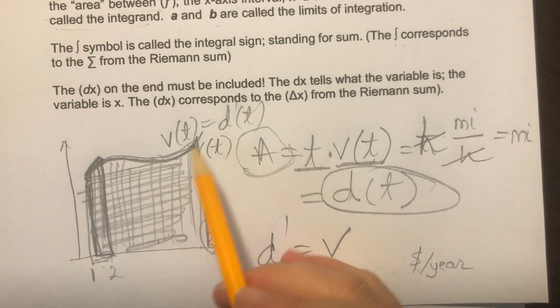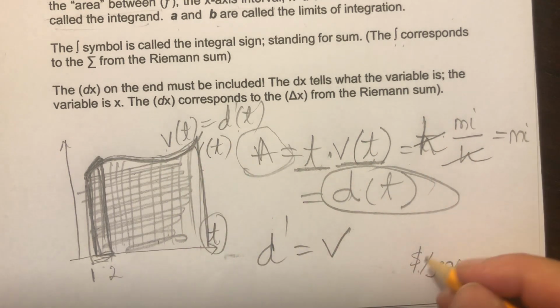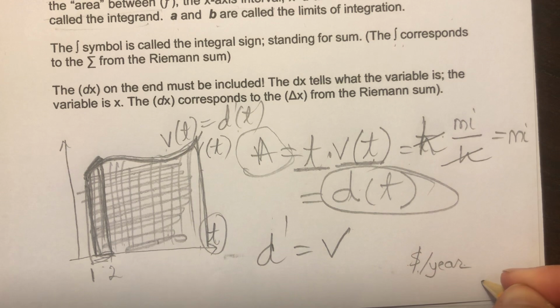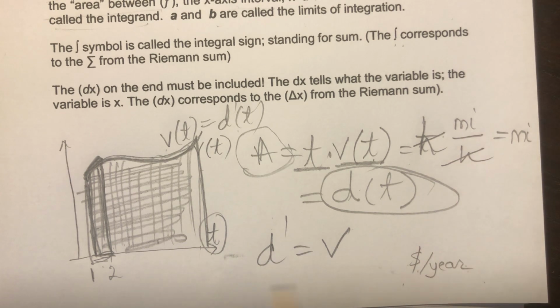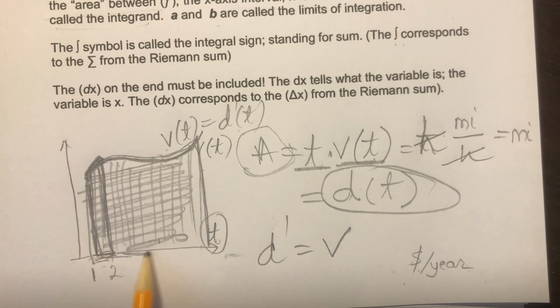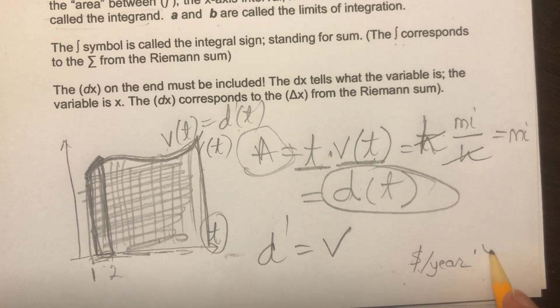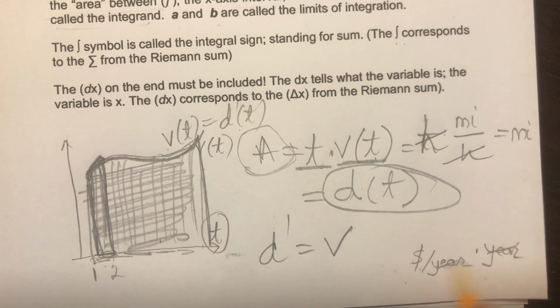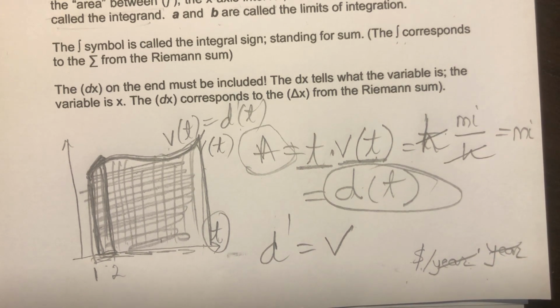So let's say this is not a velocity, but how many dollars per year I make in this account. And if we multiply it by the number of years, the time, what we get is the total amount of dollars that we have created in this account.